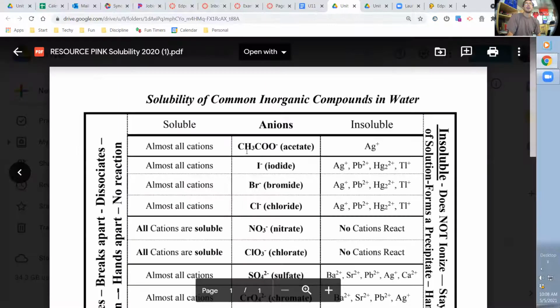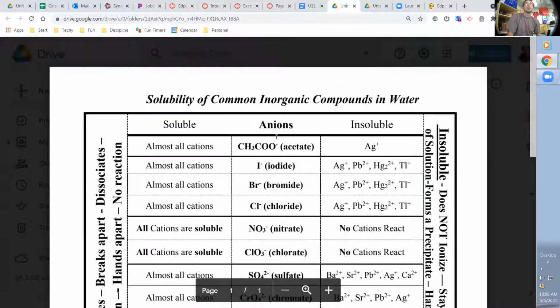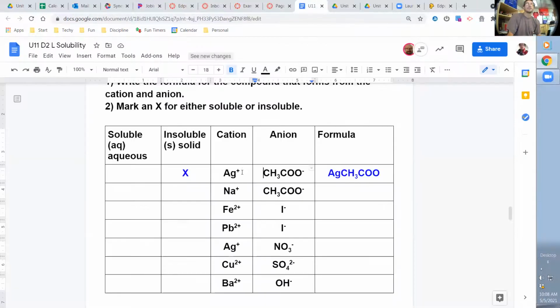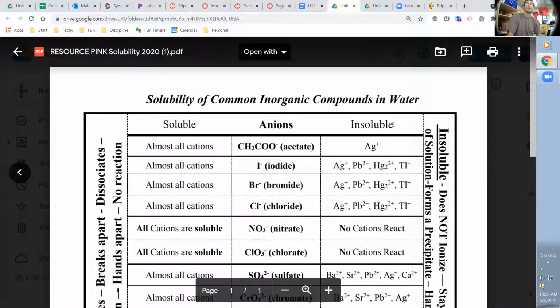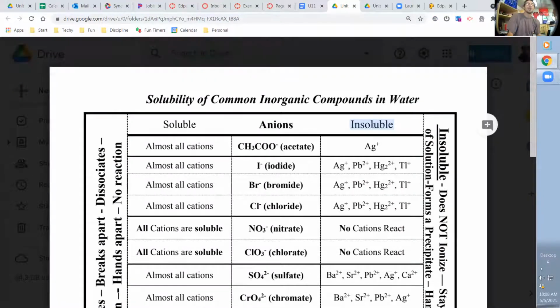We found it right here at the top. And look, it's connected to the cation silver. And so we can mark an X in the insoluble box because silver acetate is an insoluble molecule.